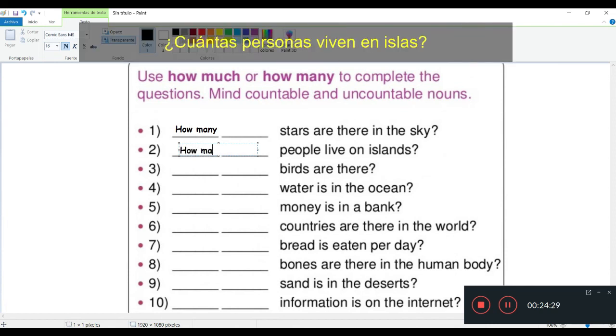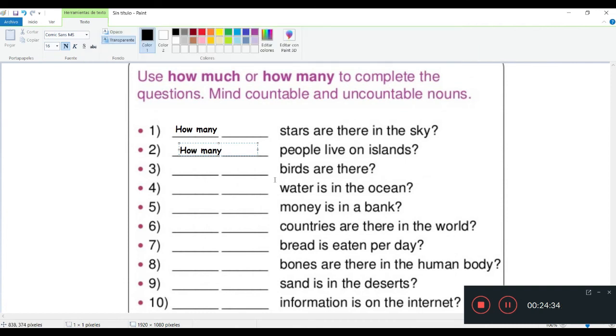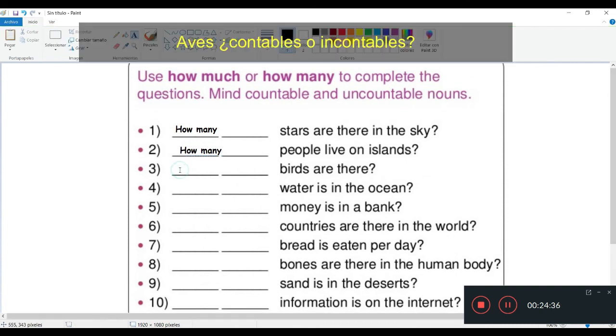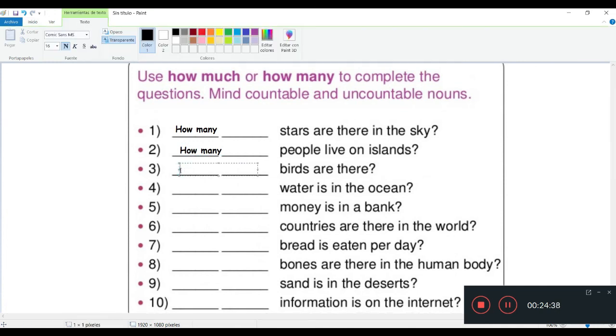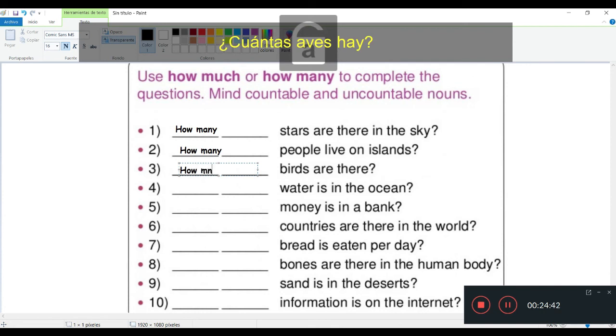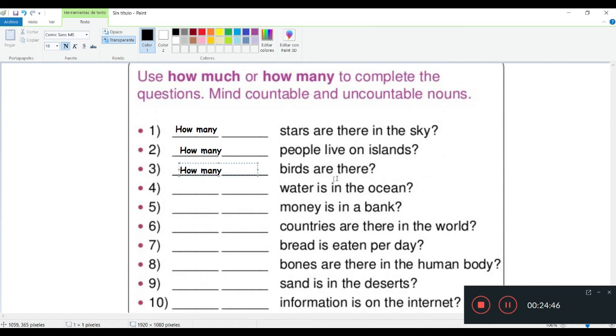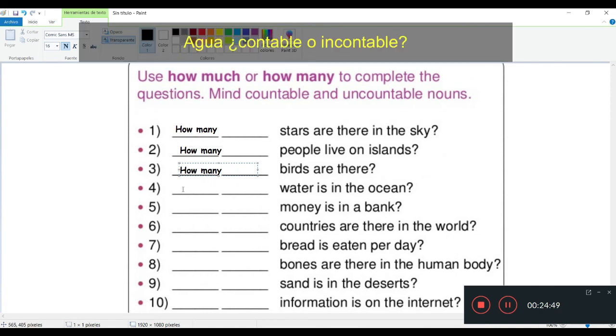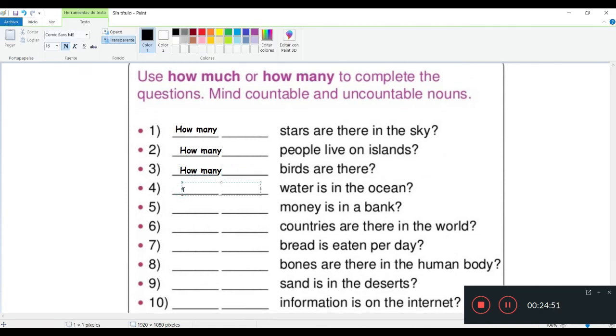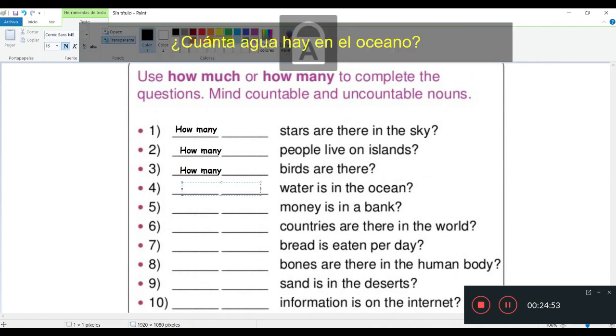How many people live on islands? Birds. Countable or uncountable? Countable. How many? How many birds are there? Water. Countable or uncountable? Uncountable. How much? How much water is in the ocean?